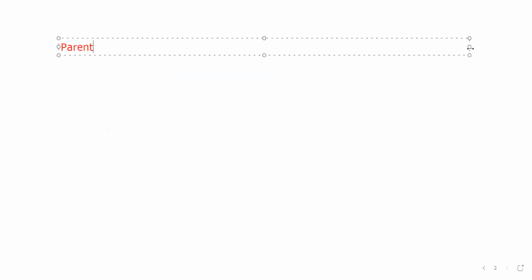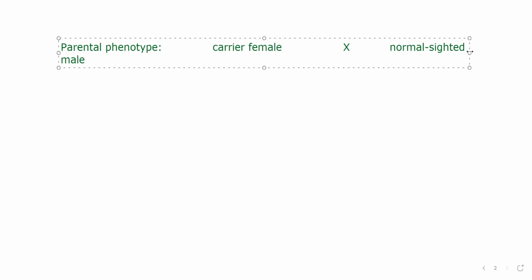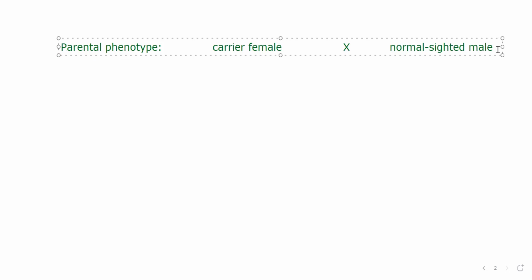Parental phenotype: carrier female, going to cross with normal sighted male.